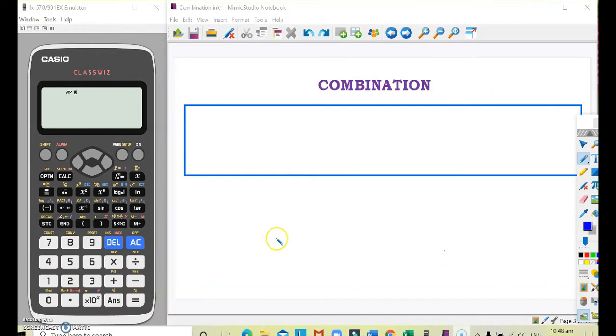Since we know the difference between combination and permutation, we can say that the number of permutations of R elements from a total of n is equal to the combinations of R elements out of a total of n, ordering these R elements in any one of R factorial ways. That means, by the multiplication principle, the number of ways to form a permutation is equal to the number of ways to form the combination times R factorial.